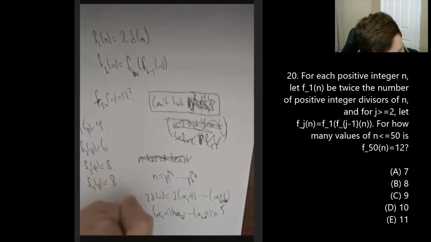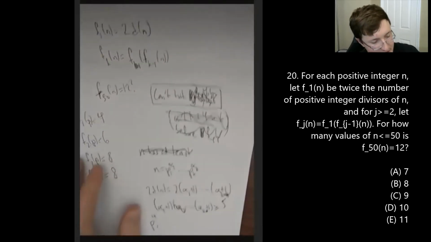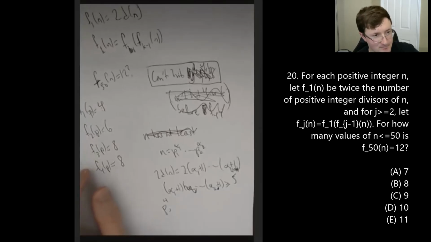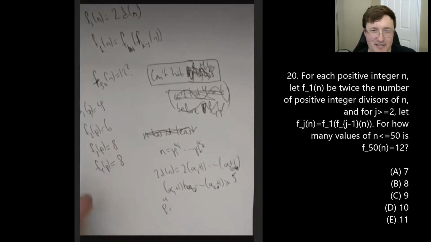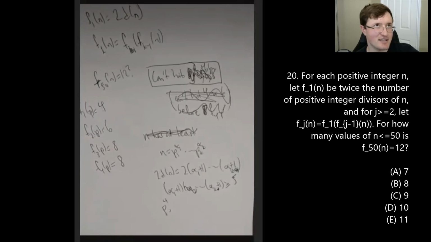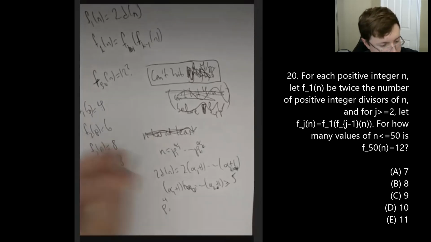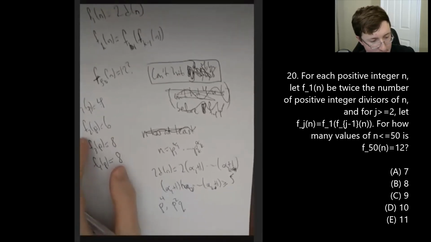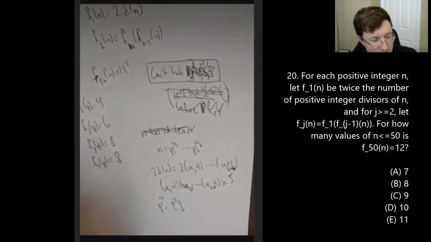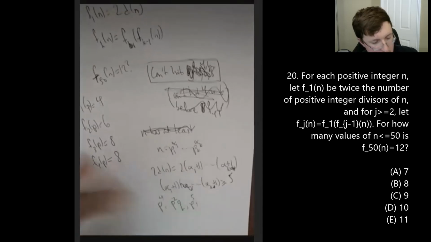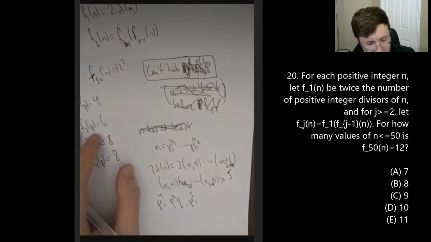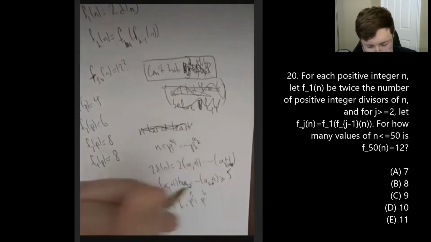So I could have the 4th power of a prime. That's if I have 5 divisors. If I have 6 divisors, I could have a square times a prime, or a 5th power. If I have 7, then I have to have a 6th power.